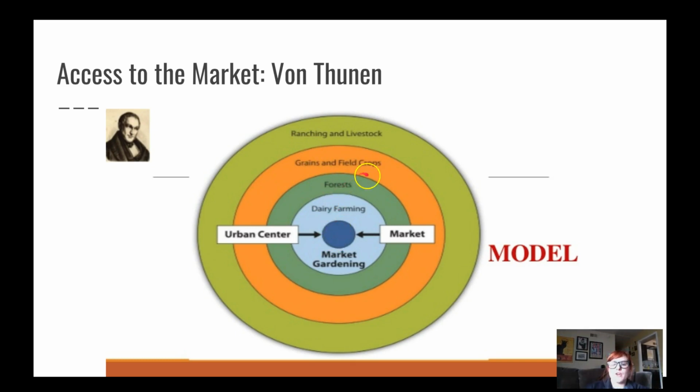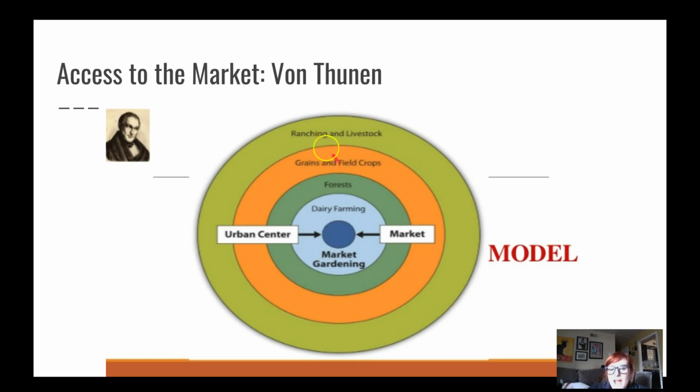Okay, grains and field crops, ranching and livestock. Grains and field crops, not super heavy, pretty easy to transport, so you can have them further out here. Ranching and livestock, you're typically not transporting the livestock itself. What are you usually transporting? The meat, right? So that isn't super heavy. And what both of these have in common is you need a lot of space, right?